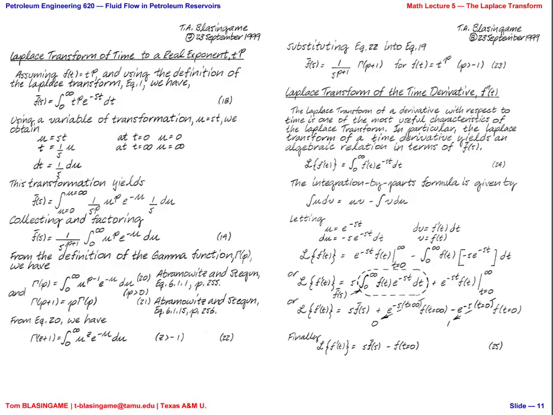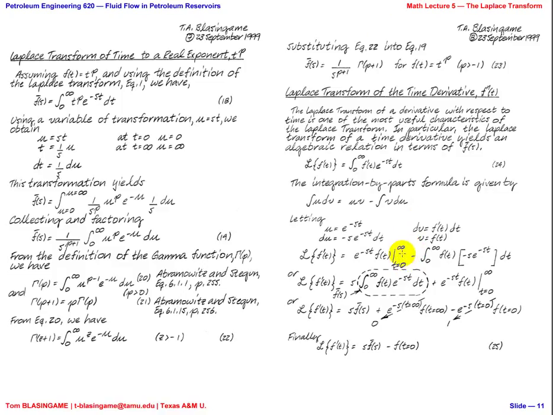So what you do here is apply the definition of the Laplace transform to get rid of this term. Doing that, you can reduce this. Just remember that; I'll come back to it.